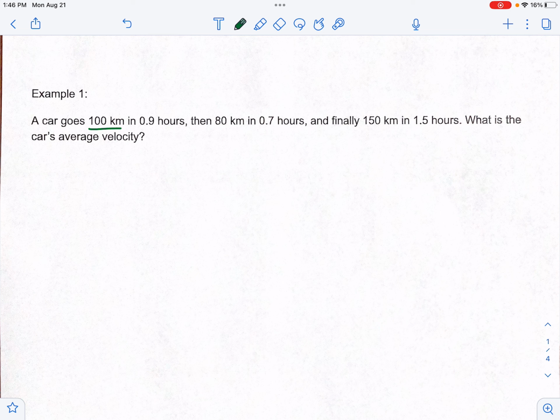So I gave you displacement 1, which was 100 kilometers, and time 1 was 0.9 hours. Right now I'm just organizing what I have. That was my first segment. My displacement 2 is 80 kilometers, and my time 2 is 0.7 hours.